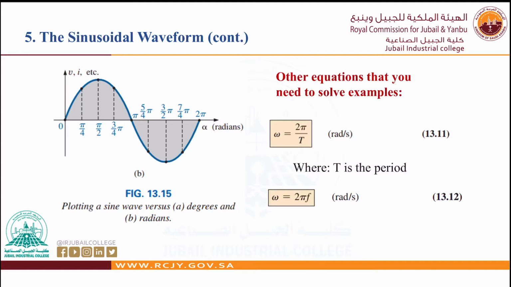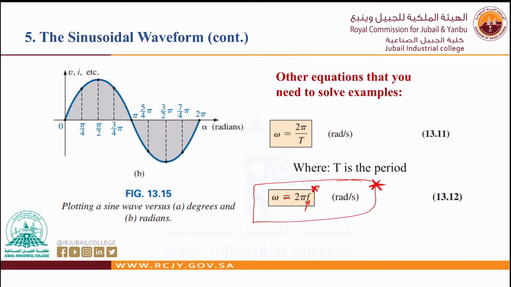The most important formula for the angular velocity is this one. Very important formula. Omega is equal to 2 pi f. You should memorize it. Angular velocity is equal to 2 pi f, where f is the frequency.